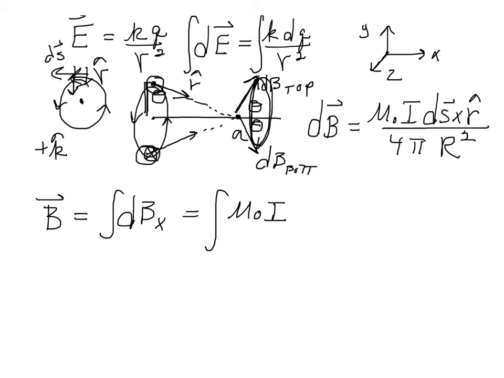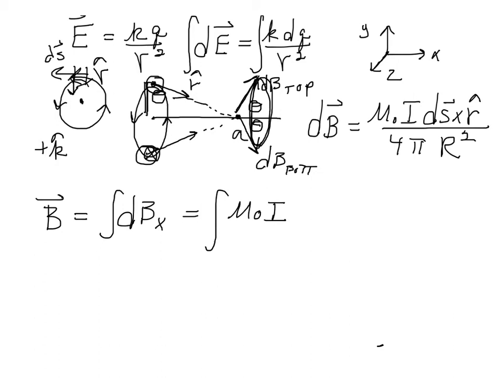The ds cross r hat, it's hard to convince you in 2 dimensions, but the ds and the r hat for all these situations are perpendicular to each other. Recalling the cross product, ds cross r hat means the magnitude of ds times the magnitude of r hat, which is 1, a unit vector, times the sine of the angle, in this case 90 degrees.